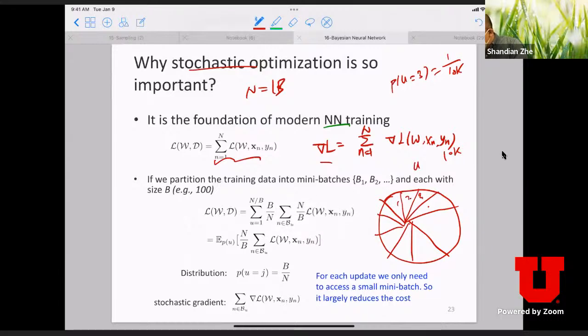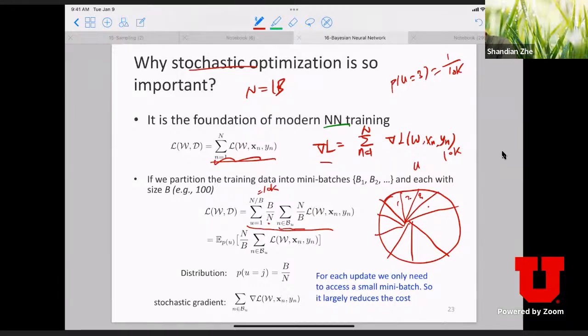So we can write it in this way. In the outer level, you go through each mini batch u from 1 to big N over B. In our previous example, big N over B is just 10K mini batches. You go through every mini batch, and then multiply this factor B over N.